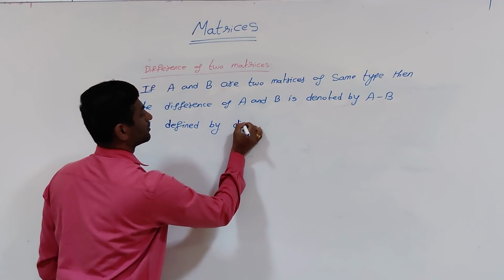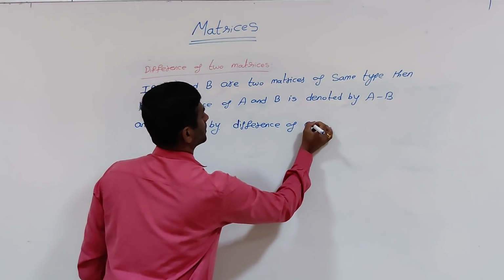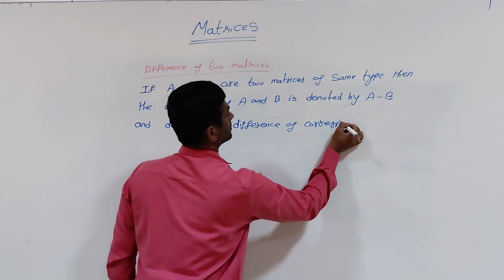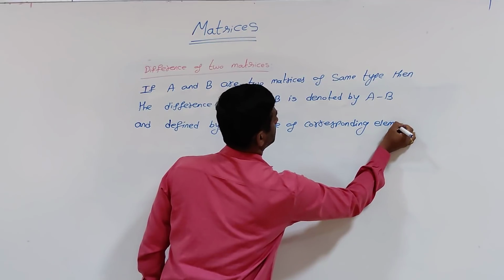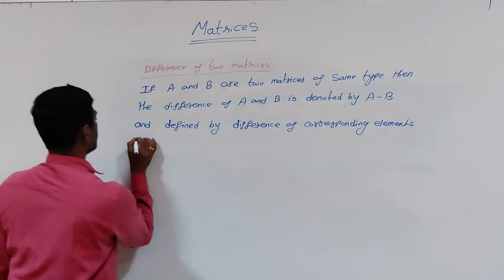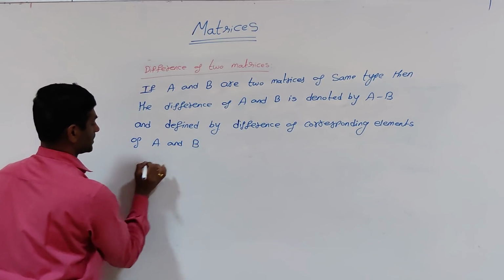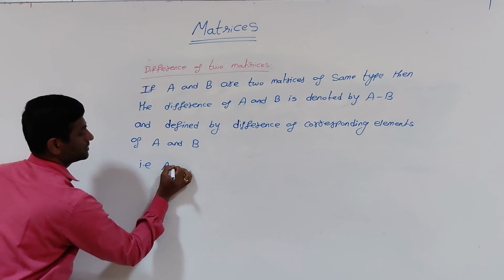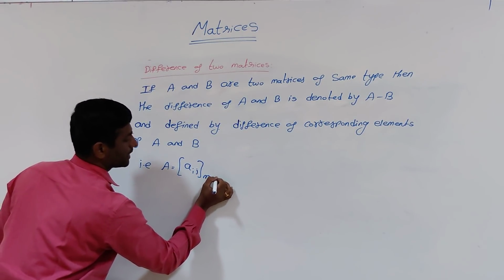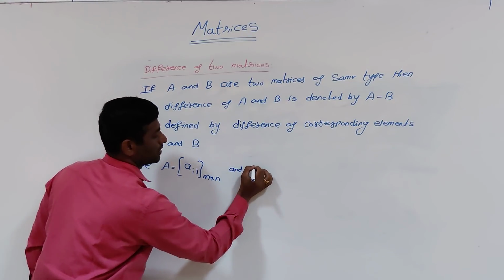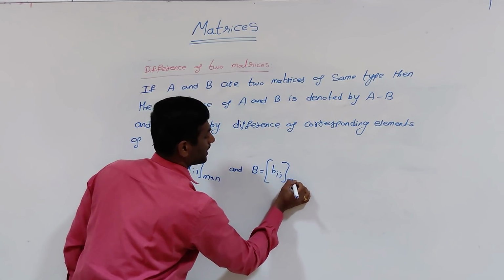That is, A is equal to Aij of size m by n, and B is another matrix of the same size, Bij of m by n.